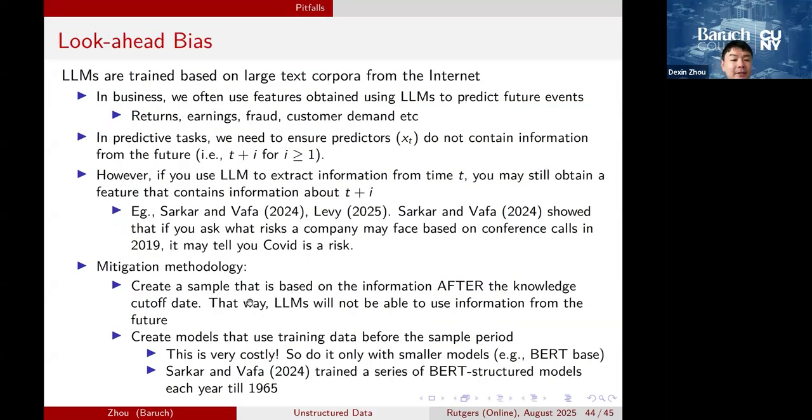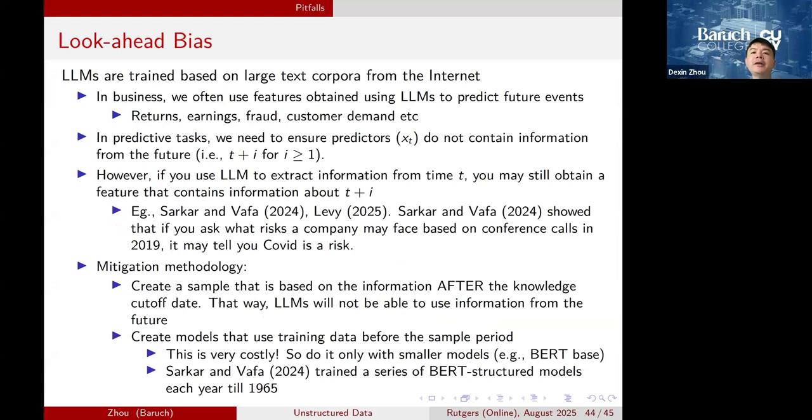Another very important bias in the setting of finance and economics is look ahead bias. If you ask GPT to predict future returns, remember these models are trained on the whole corpus of the internet, right? So surely some information about the future return of a company or future financial performance could have seeped into the training data.